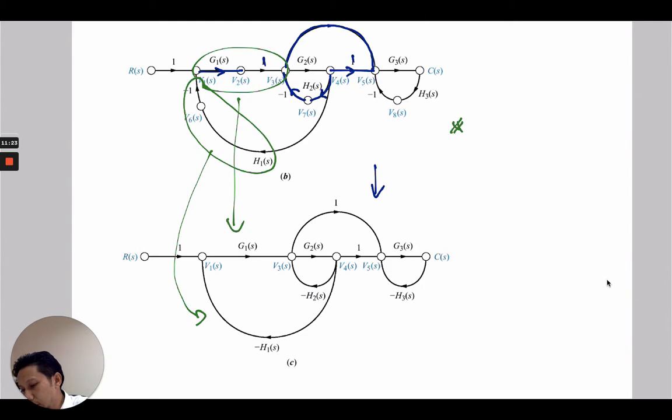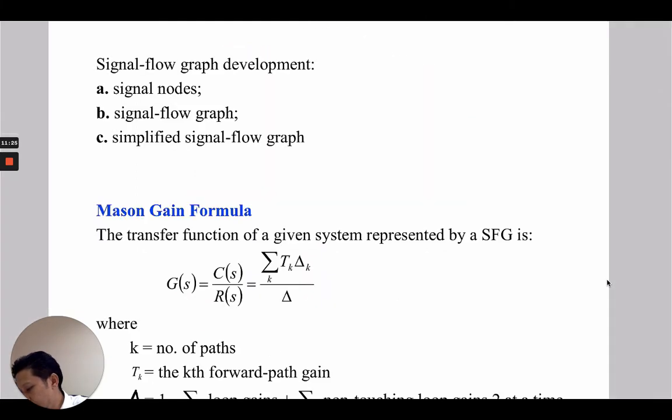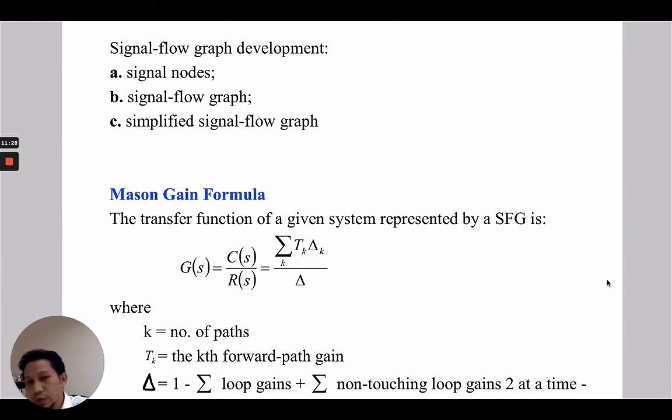Let's conclude that to draw the signal flow graph, we have to identify nodes, and then connect the nodes with the systems to provide us with a draft of the signal flow graph. Finally, in step C, we can simplify the signal flow graph by eliminating the system with 1.